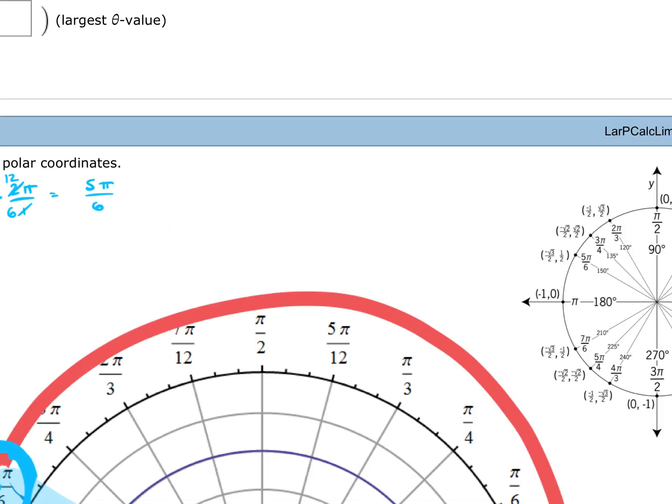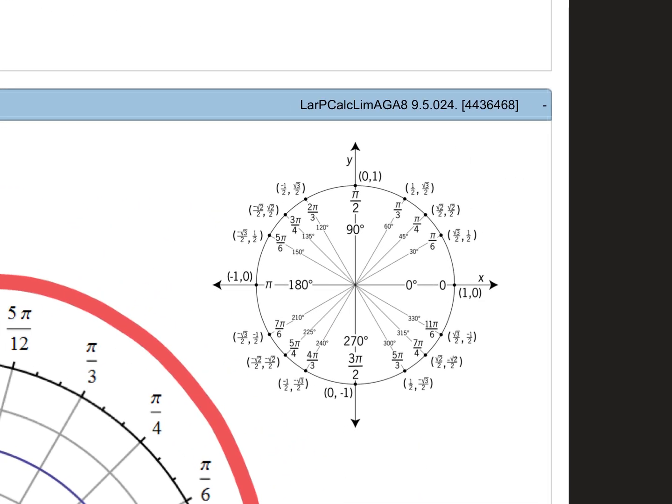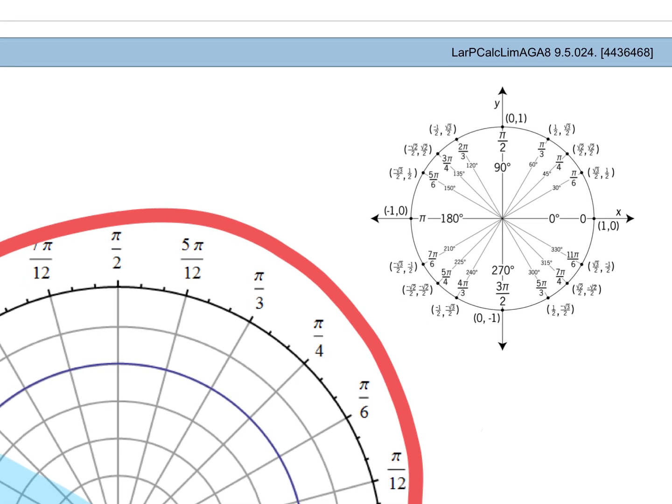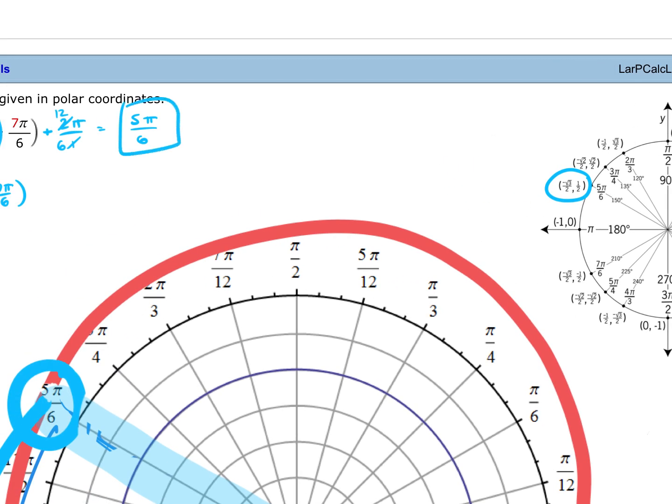We would have to find negative 7 pi over 6 the same way that we did on the unit circle. So it's different than positive 7 pi over 6. We would go in the negative direction. So we're looking at this point here, which again is the same as our coterminal angle there. Just remember you're going in the negative direction to find that.